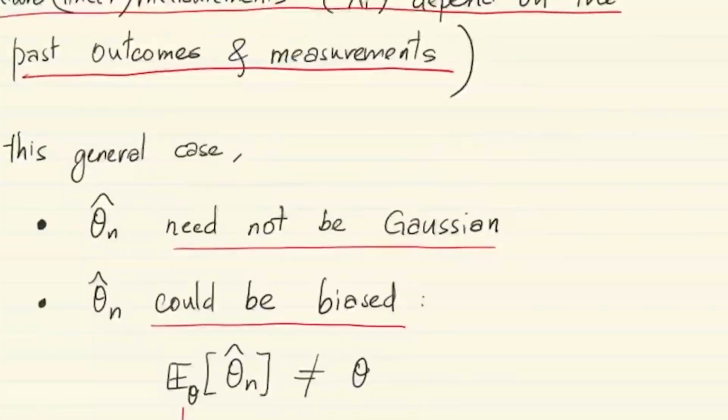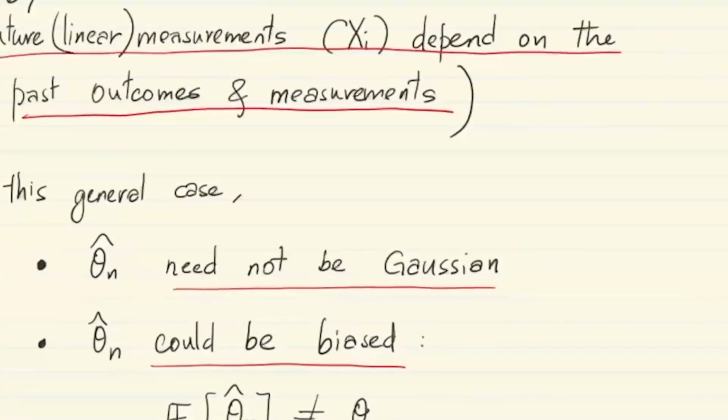When I say the expectation, this is over the randomness or distribution of both the x's and the y's. This expectation need not be equal to theta anymore.